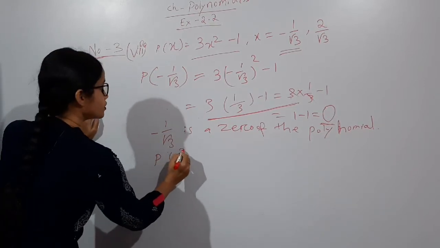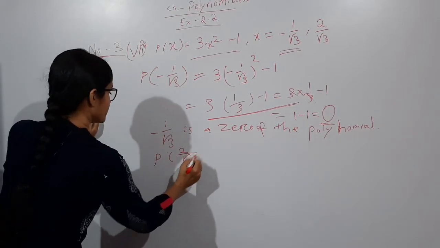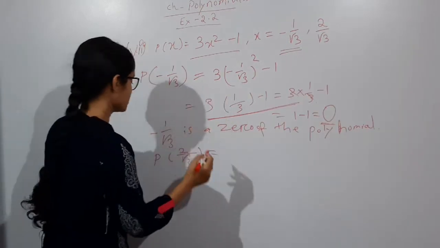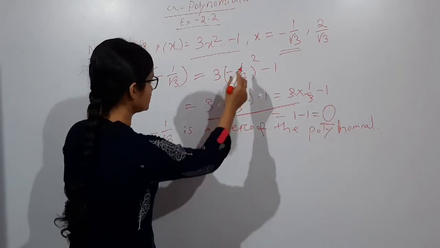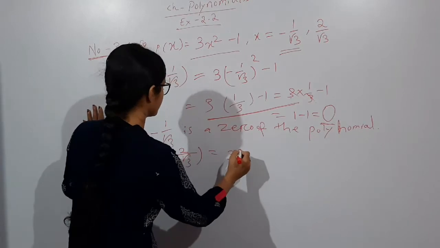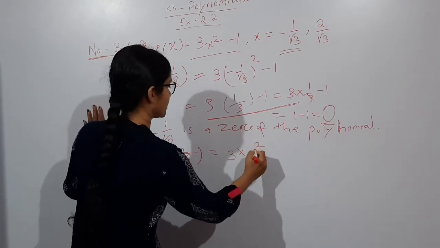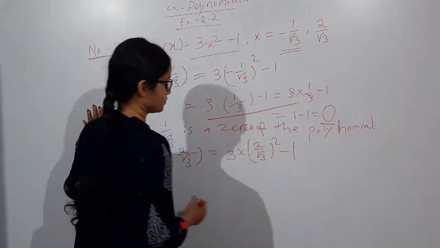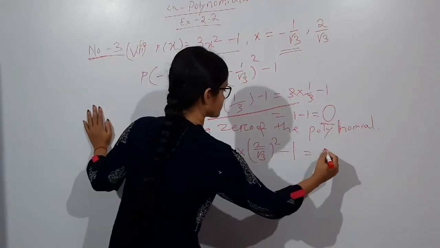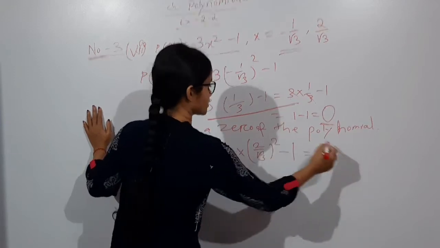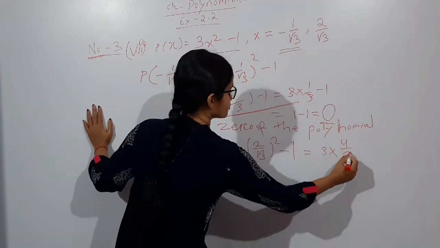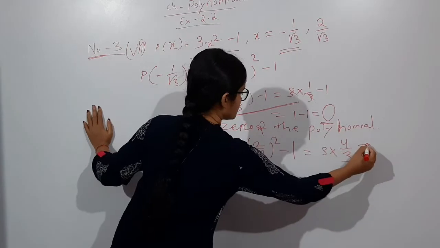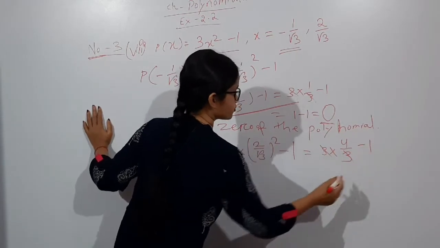P(2 by root 3). So here also we have to put 2 by root 3 in place of x. So 3 into (2 by root 3) to the power 2, minus 1 is equal to 3 into 4 by root 3 into root 3, that is 3, minus 1. So 3 will be cancelled.